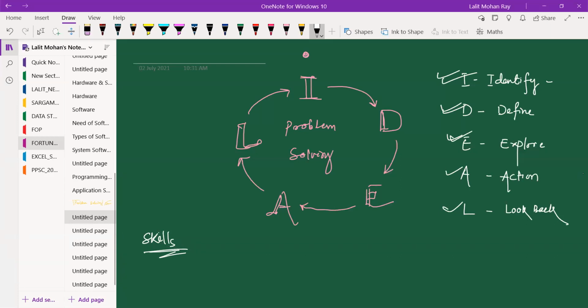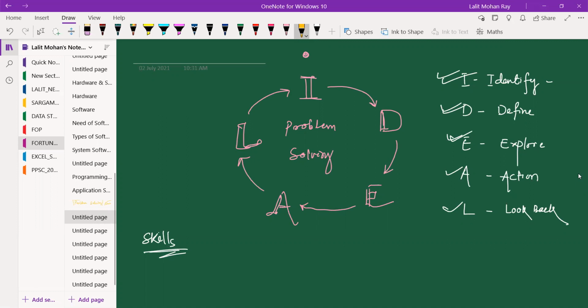If you are a solver, you are solving so many problems in all of your subjects. So at that time also you are a problem solver. Then what type of skill will you require?